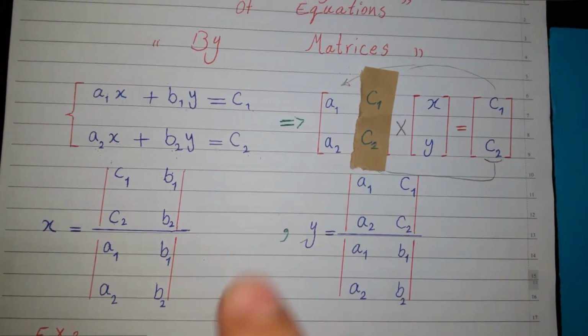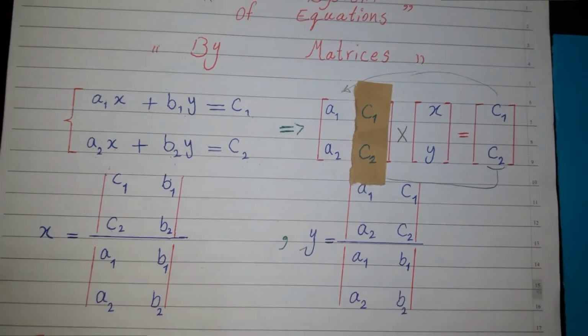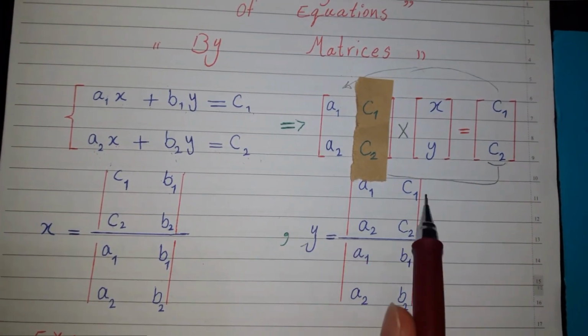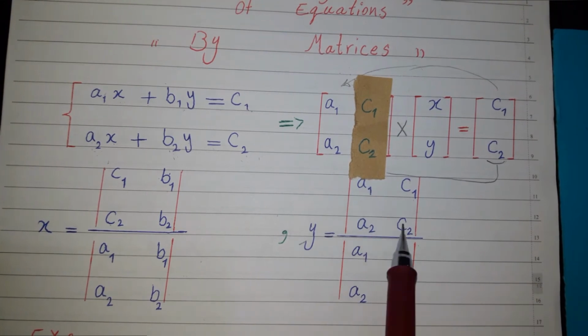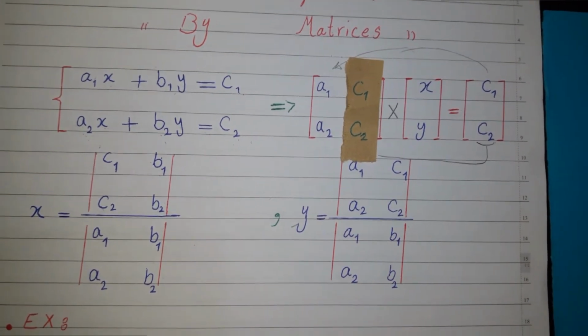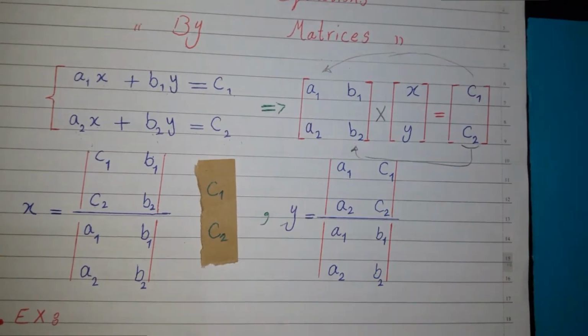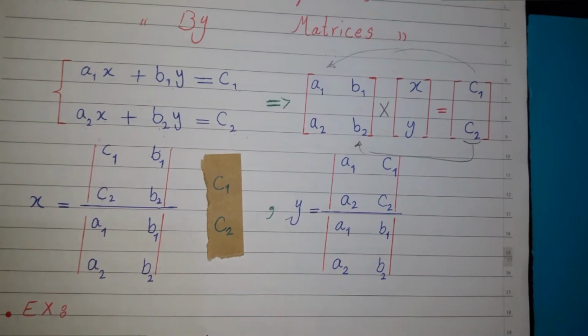So we have a sub 1, c sub 1, a sub 2, and c sub 2, and we find the determinant of this matrix over the determinant of the matrix of coefficients, so we easily find x and y.